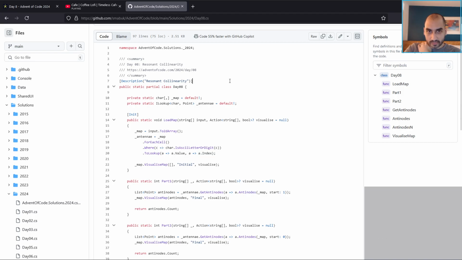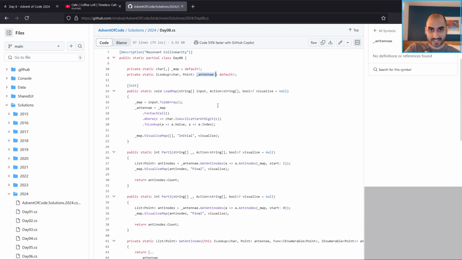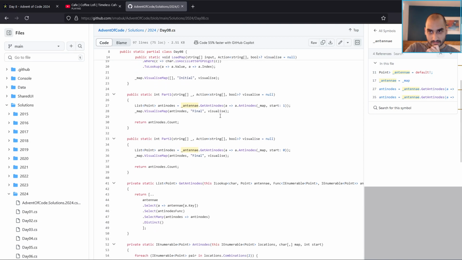Resonant collinearity. Oh nice, you used antennae as well. Yeah, okay.